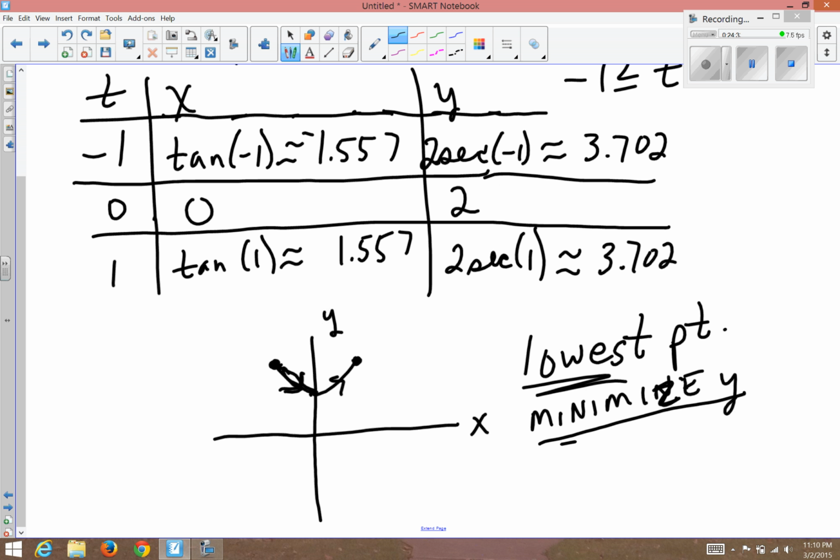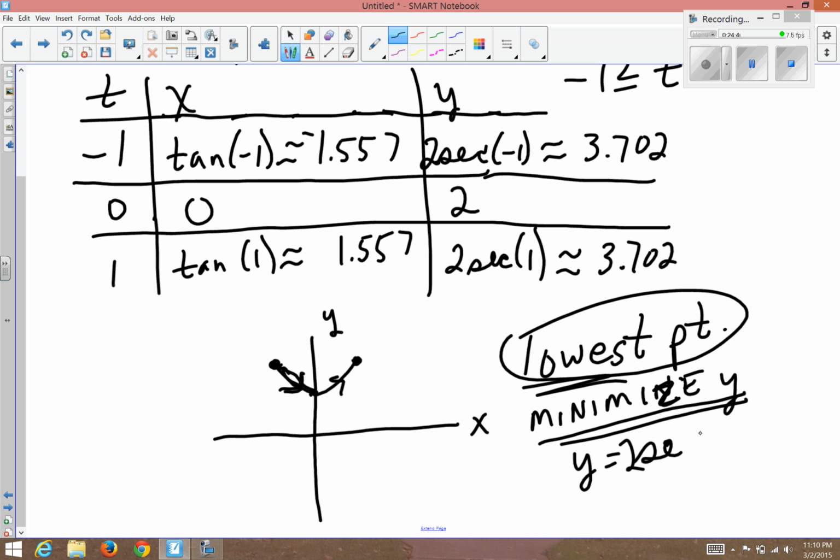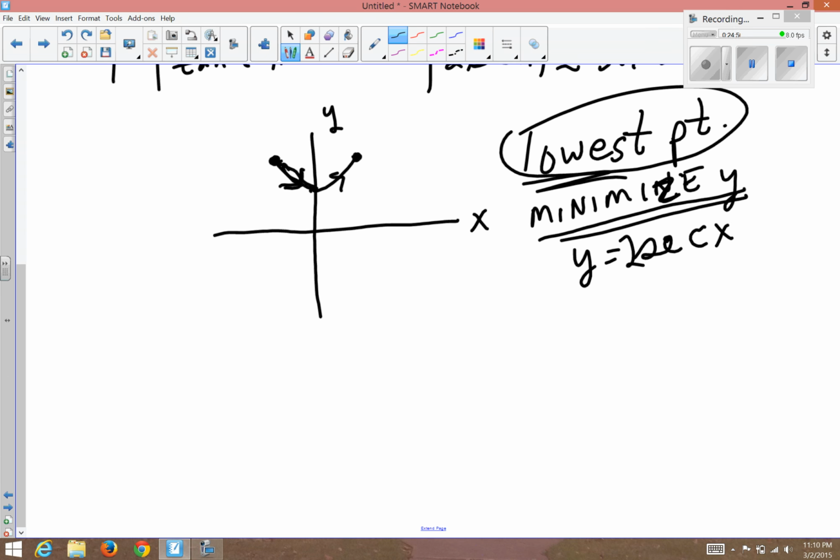To minimize y, we need y equals 2 secant x. We need the derivative of y, or y prime, which is 2 secant x tangent x.